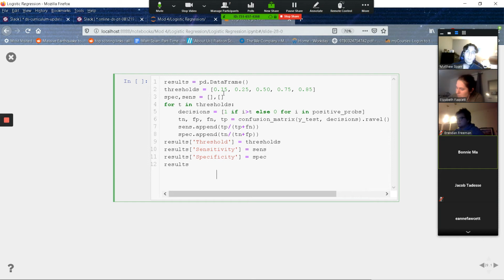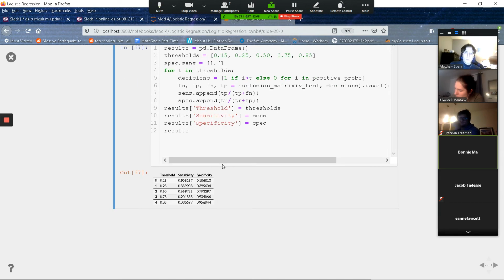So here we're going to pick a few different thresholds around 0.5, so 0.15, 0.25, 0.5, 0.75, and 0.85. Then we're going to print out all of our decisions for each of those thresholds, make a confusion matrix, and then calculate the sensitivity and specificity for each of those. So here you can see how the two change.